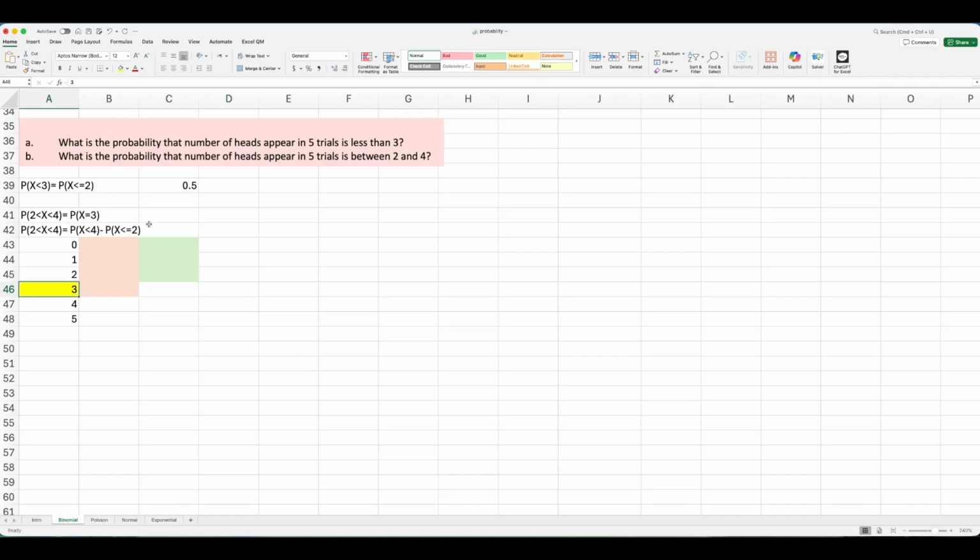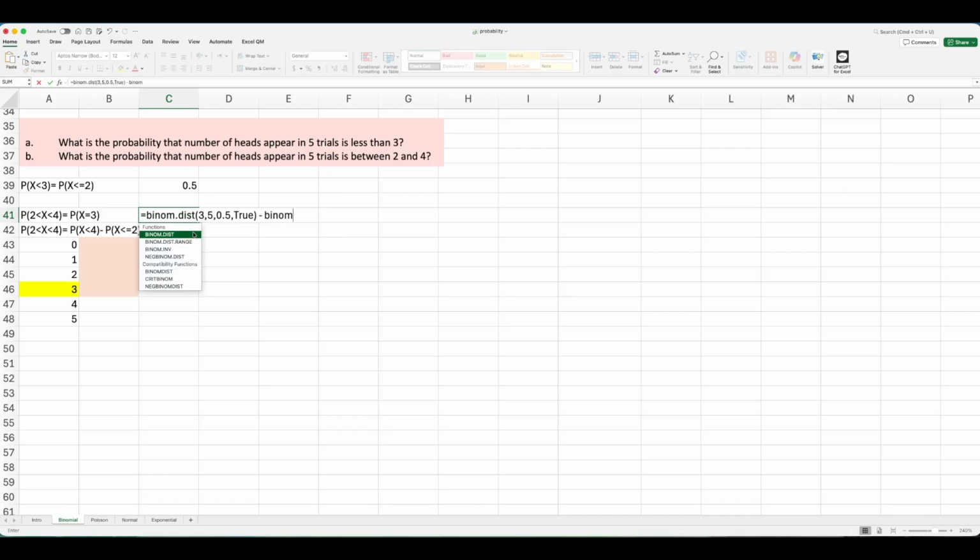If I subtract the smaller area from the larger area, it gives me this area, which basically is the same as probability of 3. So now I can rewrite binomial.dist 3, 5, 0.5, and true, minus binomial.dist 2 out of 5 with probability of 50% and still true.